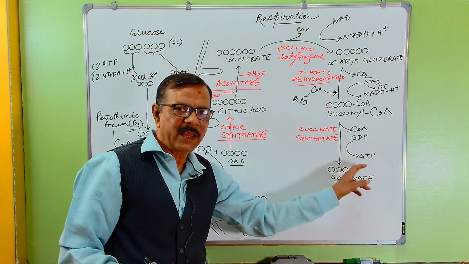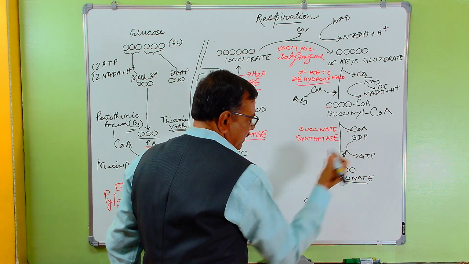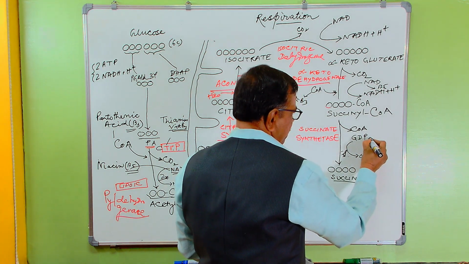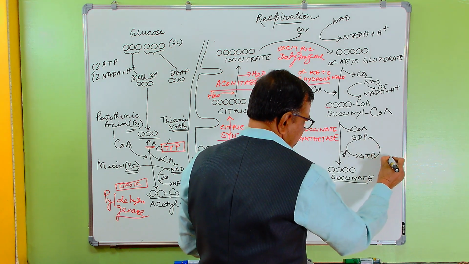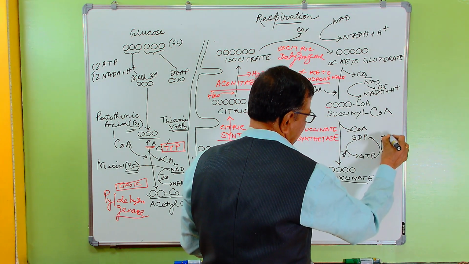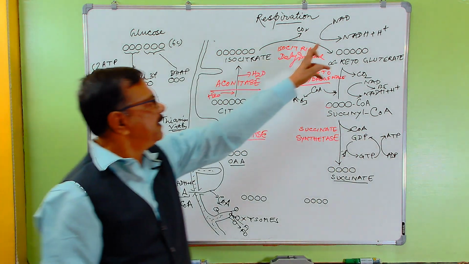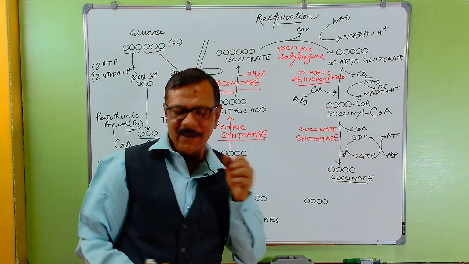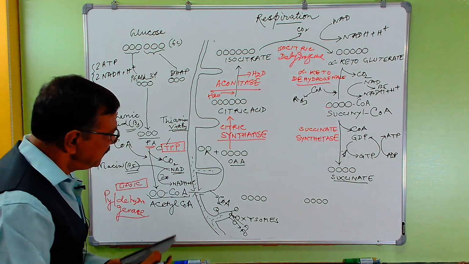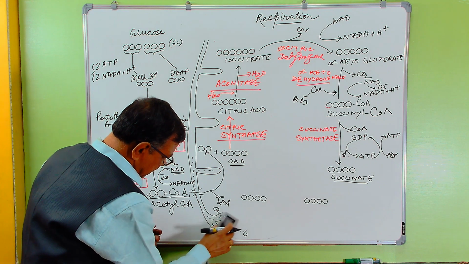So here one inorganic phosphate is required. GTP will be immediately converted back to GDP, and this phosphate will be taken over by ADP and converted to ATP. So it is producing ATP in a direct way. Now let me see this succinic acid.